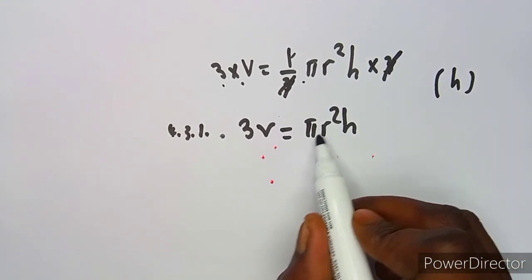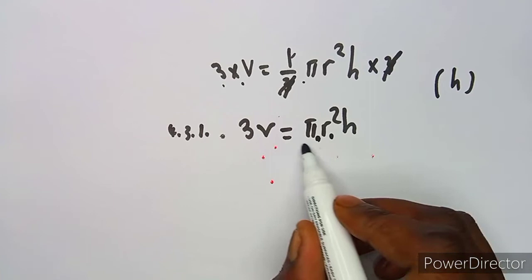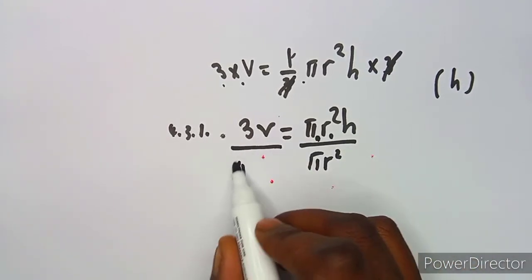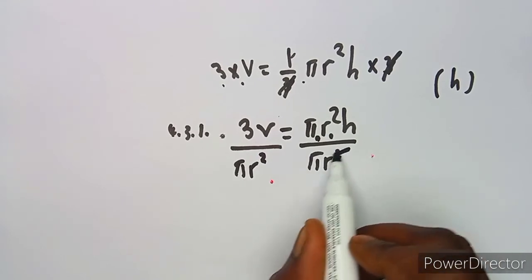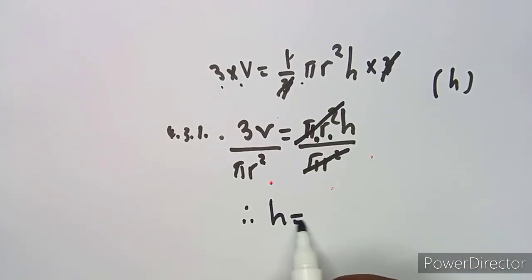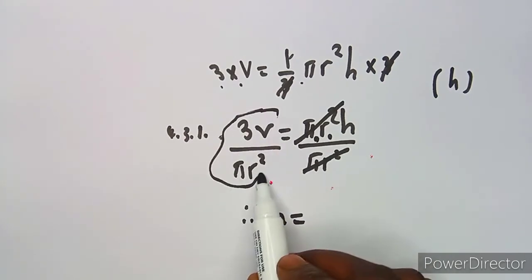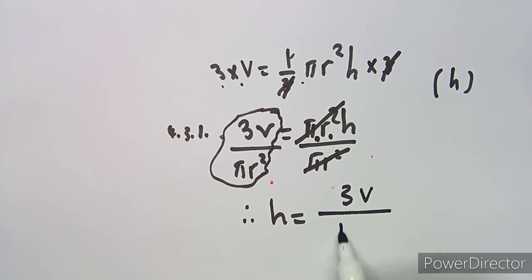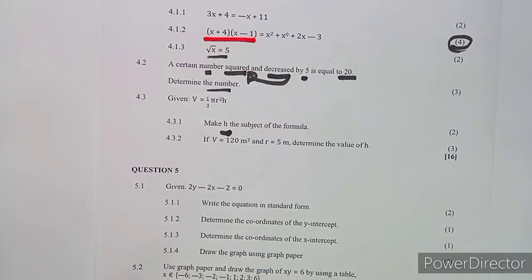We have to divide by pi r squared, since it is multiplying, so that this can cancel. So therefore our h is going to be 3v over pi r squared. That will be the term representing the h.